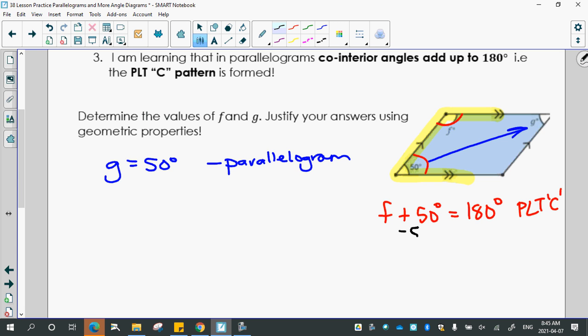Then to solve, I just need to subtract 50 on both sides. So I get F to be 130 degrees. So I've determined both values and given a geometric reason for each value. All right, that's all you need to do for that one.